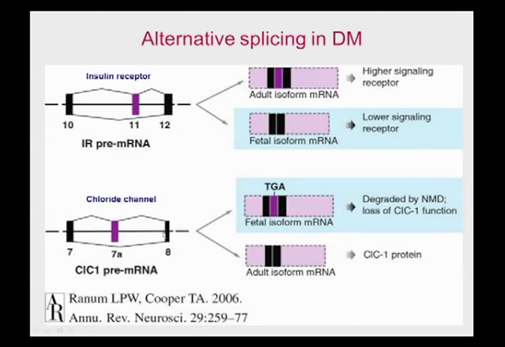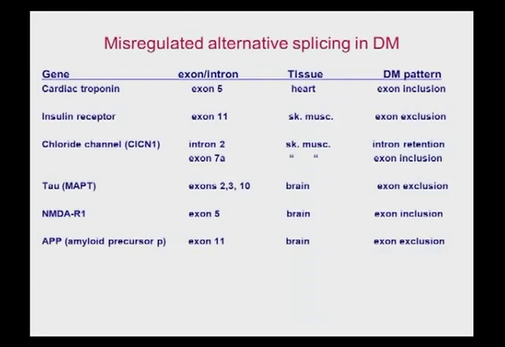The chloride channel is a little bit different in that in the adult form, actually there's exclusion of a particular exon, and then that makes the normal protein. And when this exon is included later in life, it is considered to be sort of nonsense, and so is often destroyed. So there's essentially a loss of function of this chloride channel, and apparently that's what accounts for the myotonia that's present in this disease.